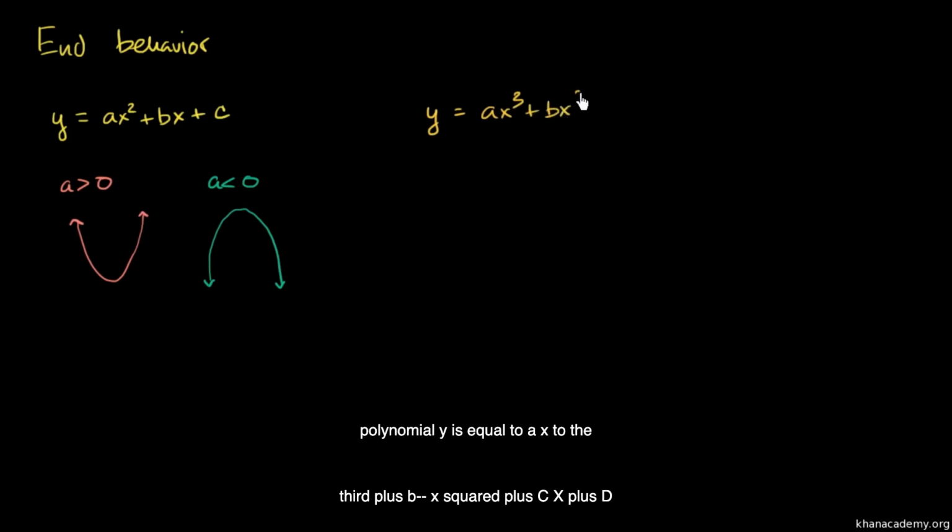We spent less time with third degree polynomials, but we've also seen those a little bit. So for example, if you have the third degree polynomial, y is equal to ax to the third plus bx squared plus cx plus d. If a is greater than 0, when x is really negative, this whole thing is going to be really negative.